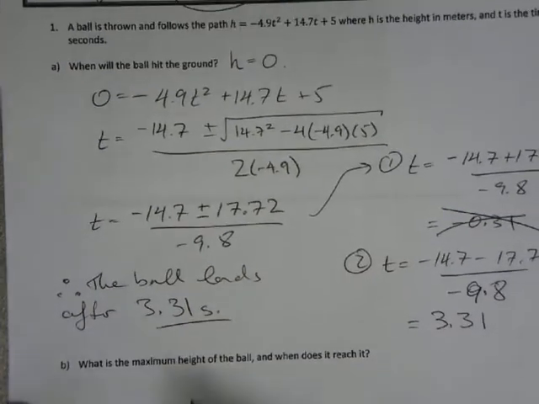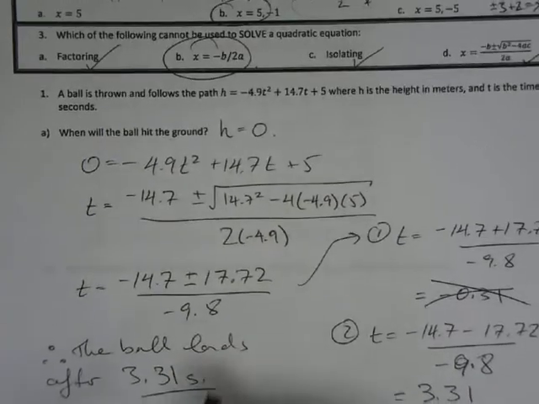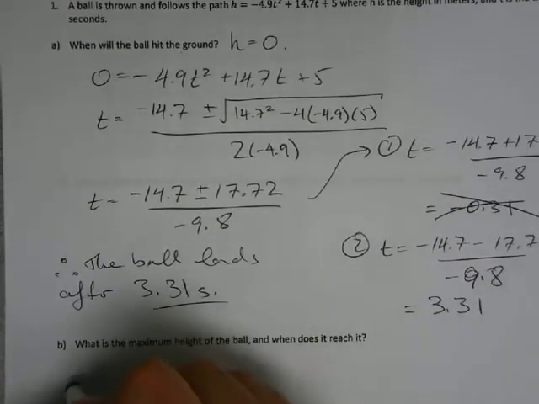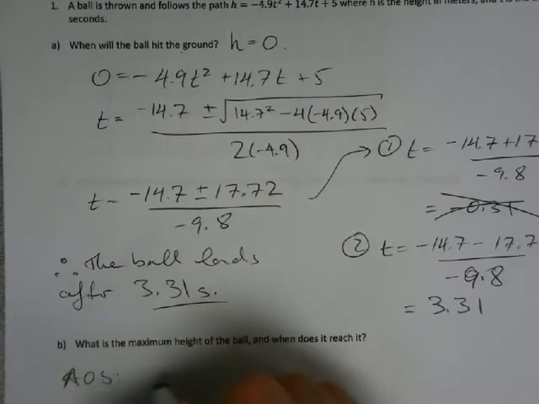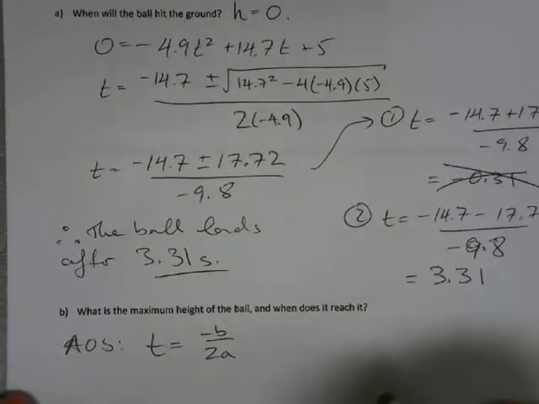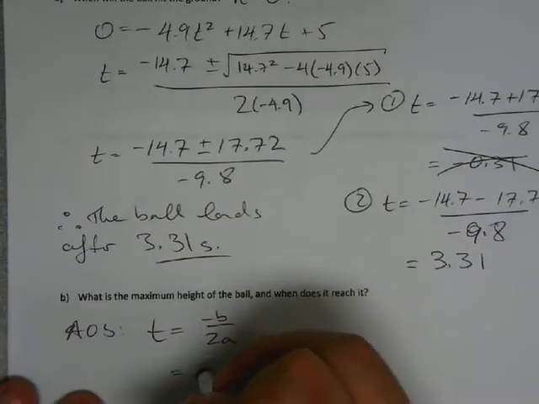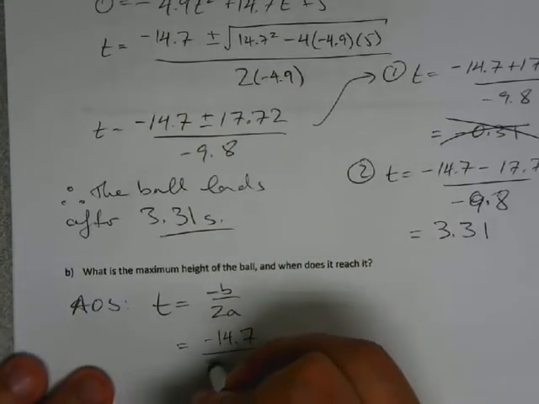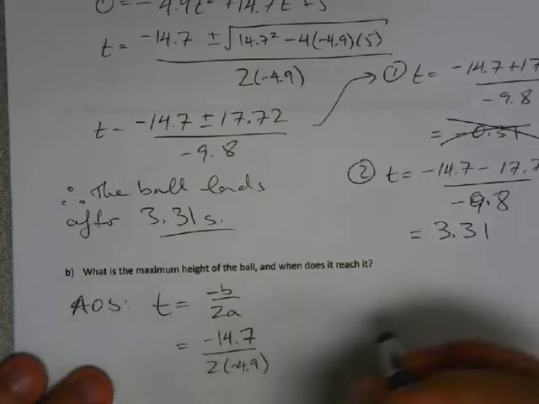So what's the maximum height of the ball? Well, this equation's in standard form. All right? So I'm going to use the fact that the axis of symmetry is t is negative b over 2a. Right? So in this case, that is negative 14.7 over 2 times negative 4.9.